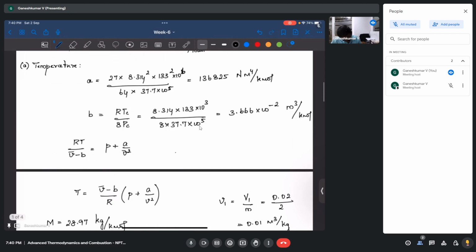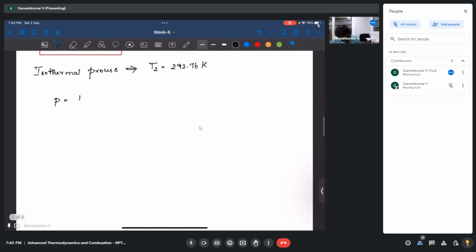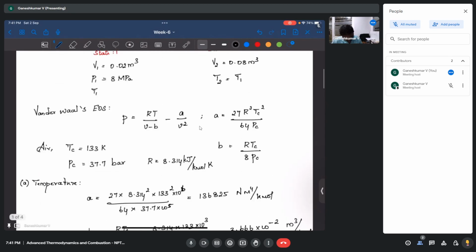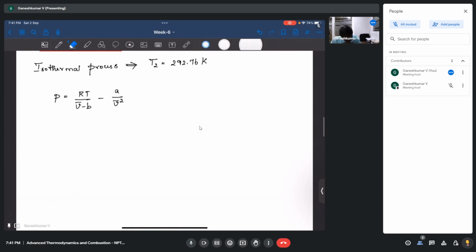Again, P is equal to RT by V minus B, minus A by V square. Now we need to know the final pressure, so it's state 2. For state 2, P2 is going to be RT2 divided by V2 bar minus B, minus A by V2 bar square.